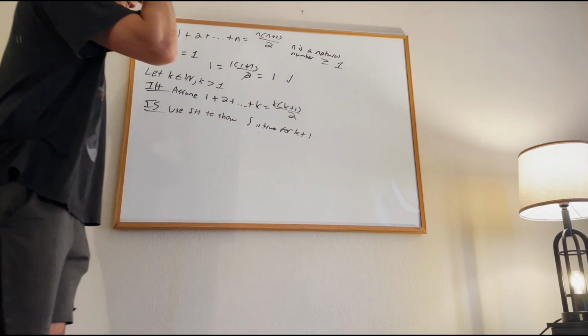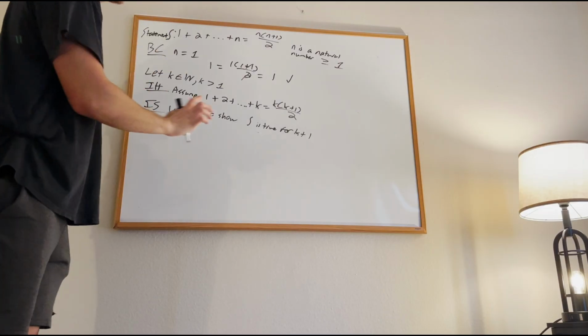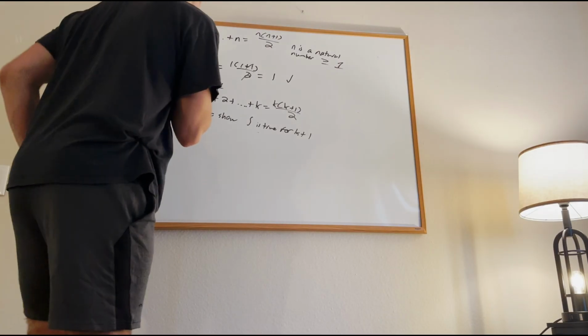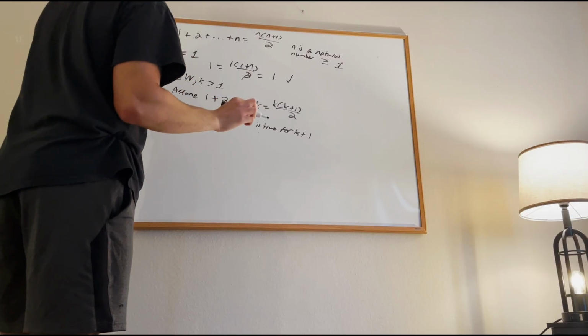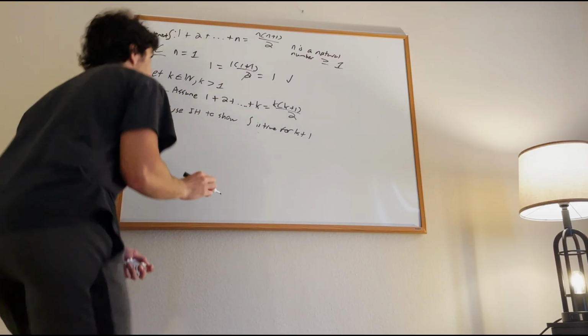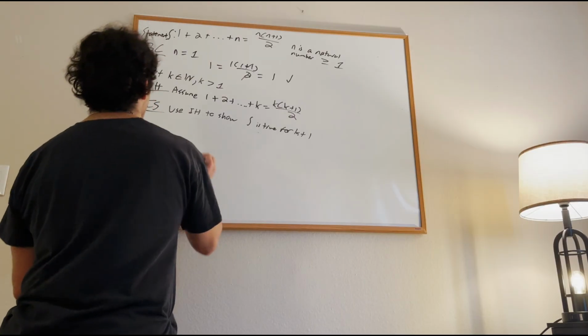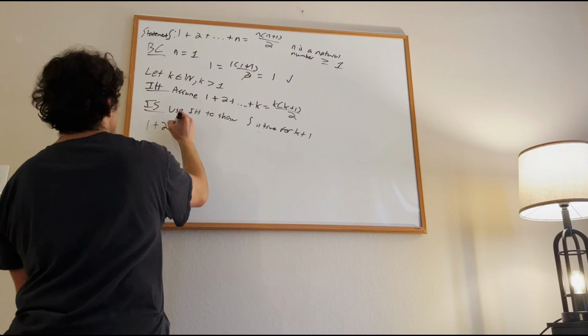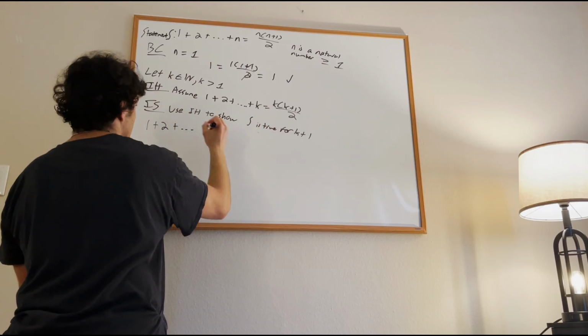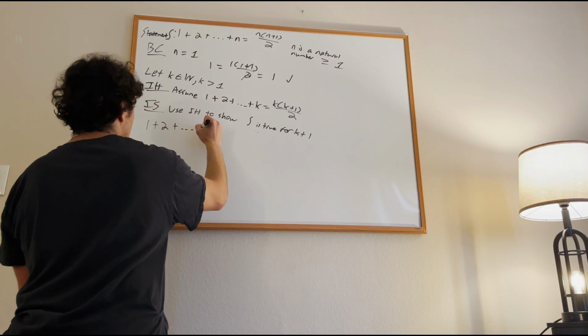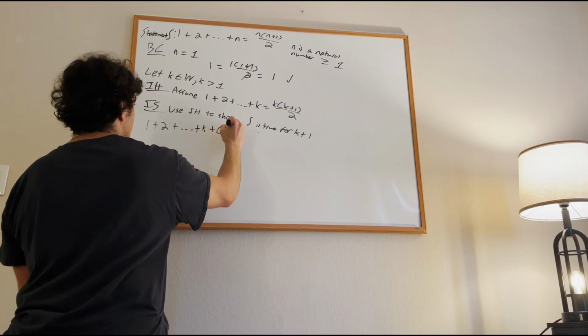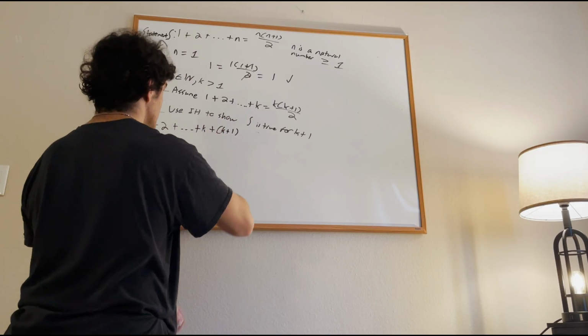And once we do this, we're done. That's all that's left. So let's write out the left side of our equation. We have 1 plus 2 plus ... plus k, plus k plus 1. We're just writing this down.